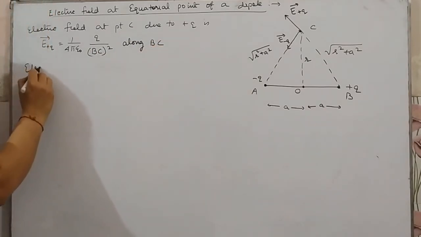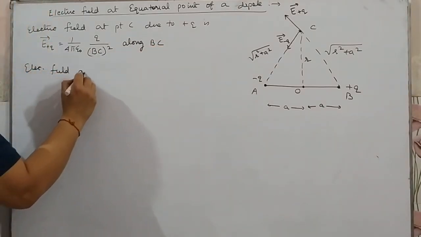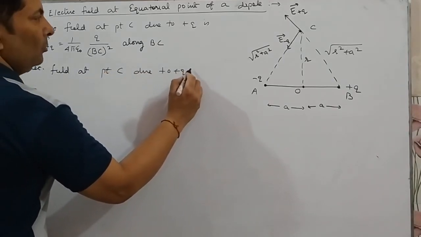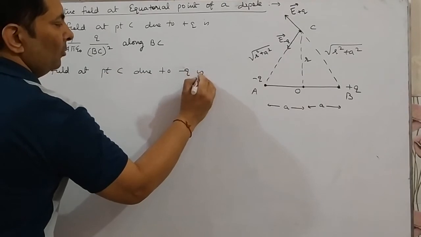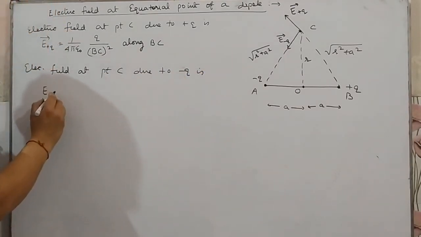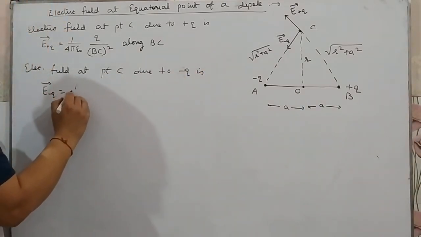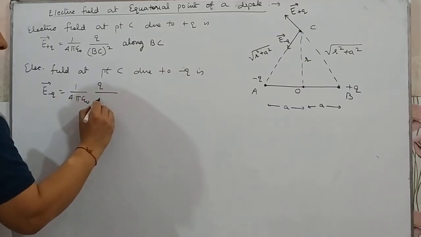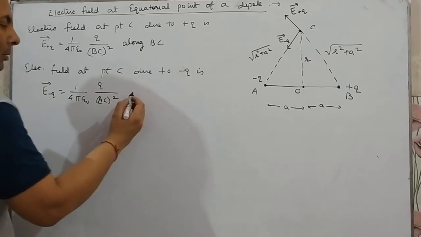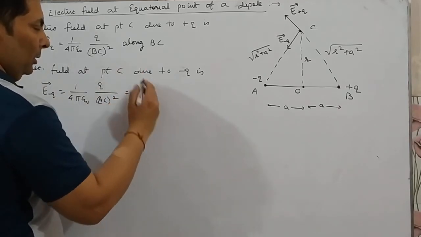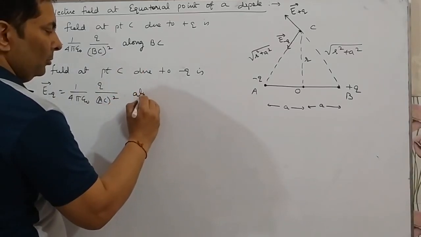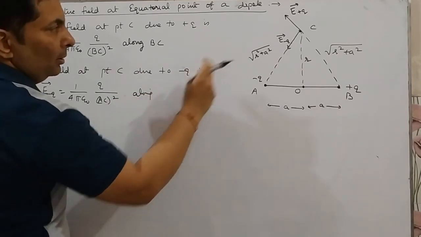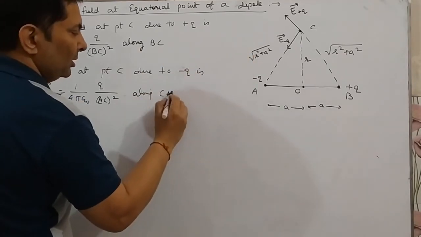Similarly, the electric field at point C due to minus Q is E minus Q equals 1 upon 4 pi epsilon naught, Q upon AC square, and it is downward, along direction CA.